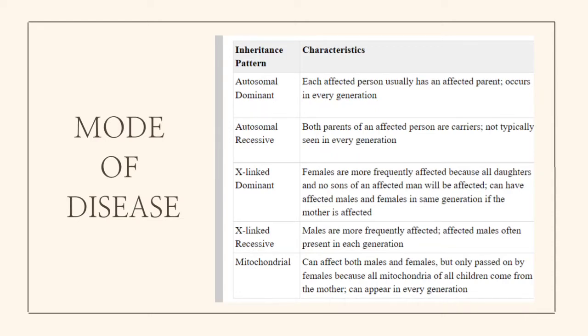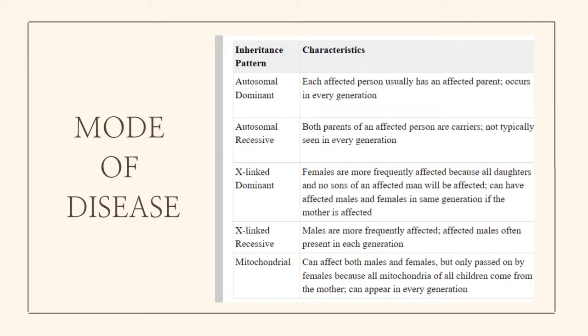Okay? So, meaning to say, we have a skipping of generations. Let's say, for example, we have an affected individual in generation 1, all of those in generation 2 would be unaffected, and then the disease or syndrome will manifest again in generation 3.